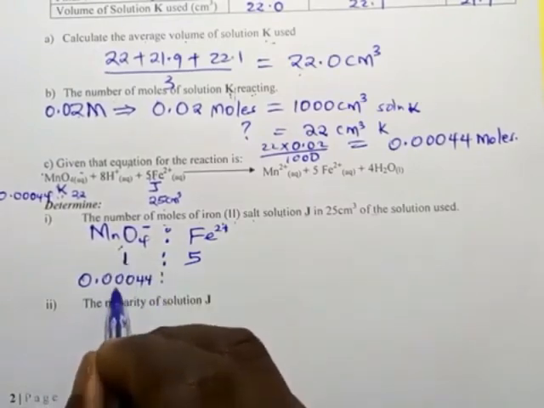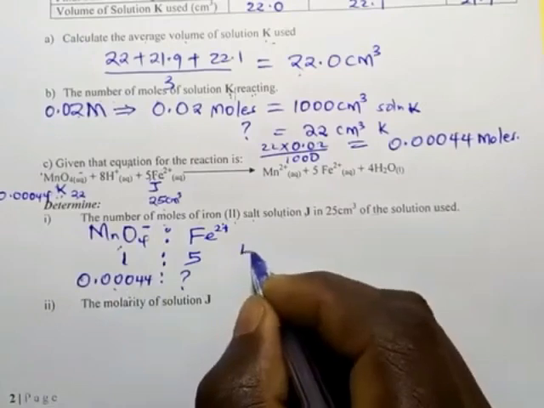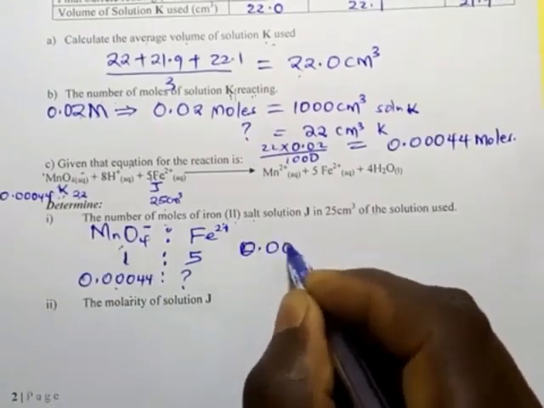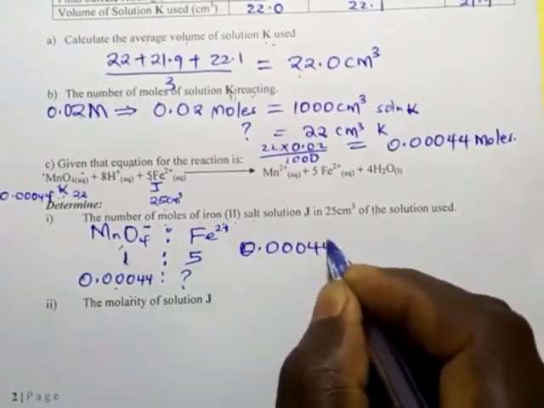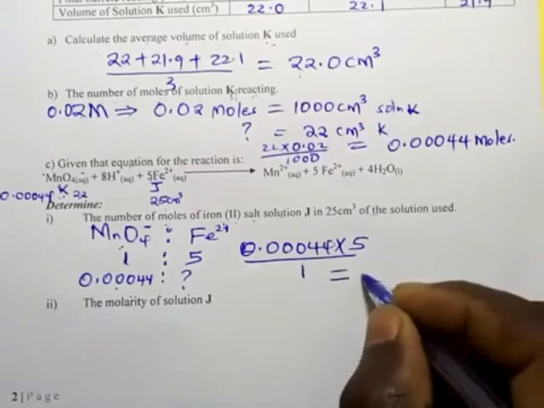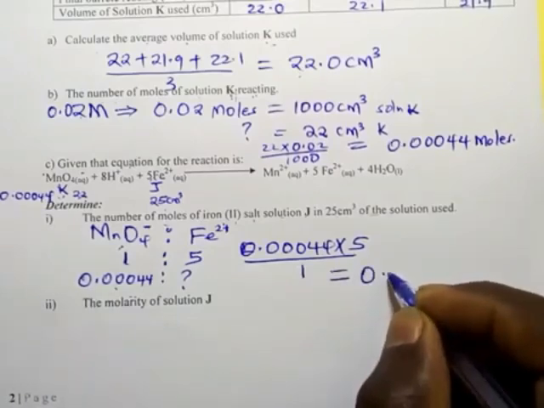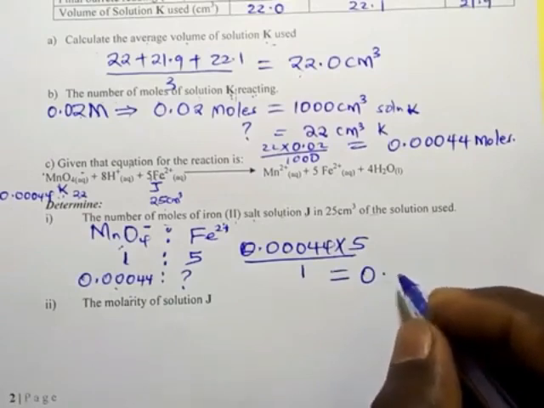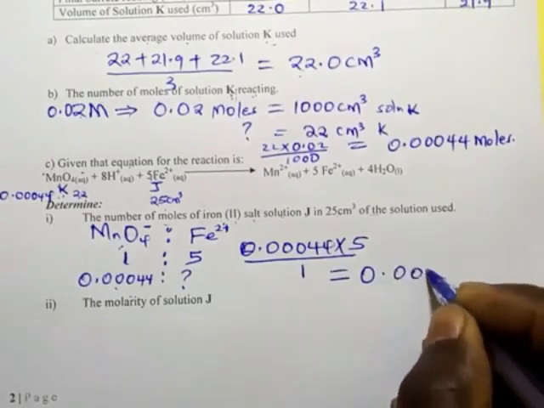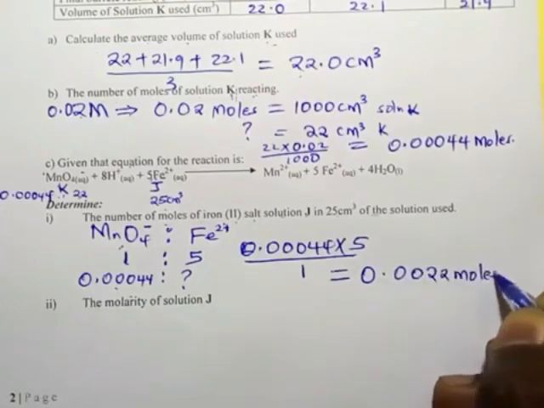So if 1 is equal to this, 5 will be what? It is 0.00044 times 5 divided by 1, which gives us 0.0022 moles.